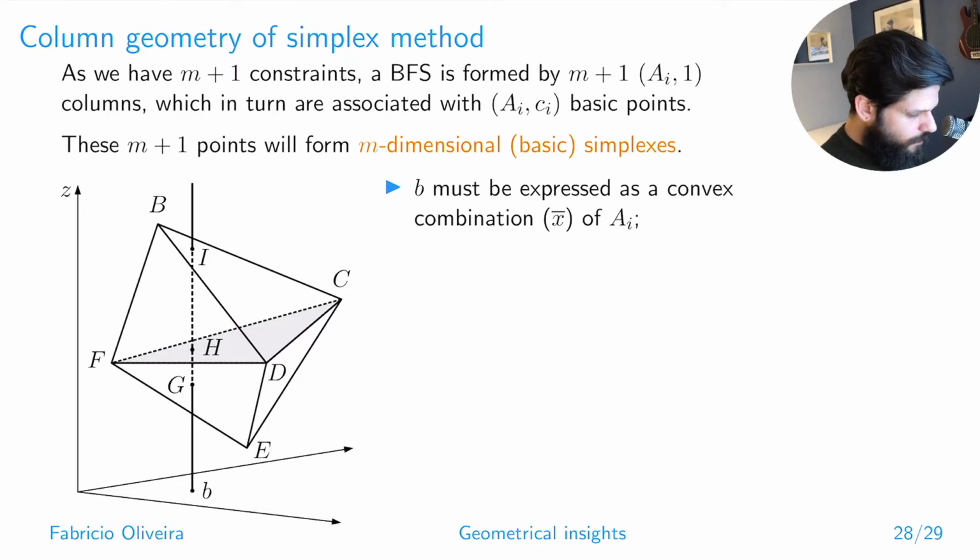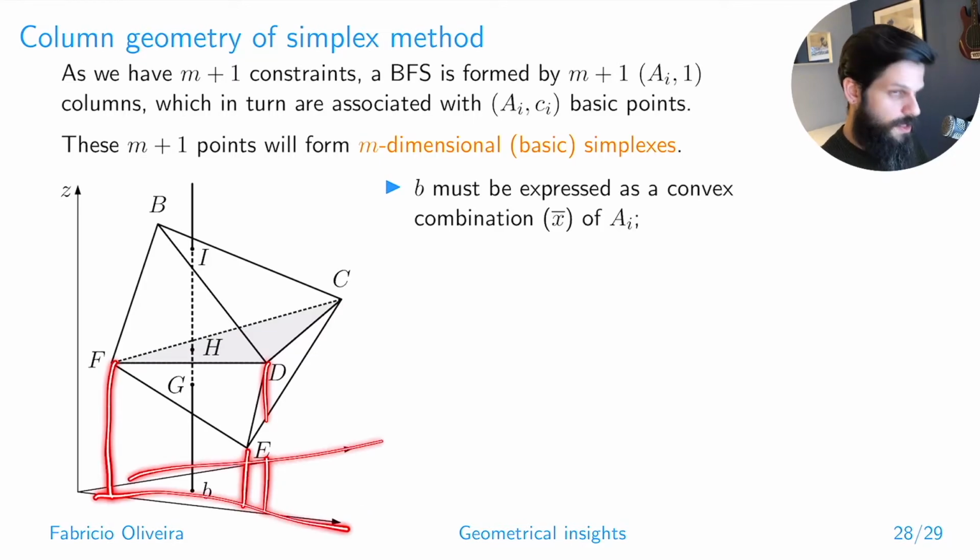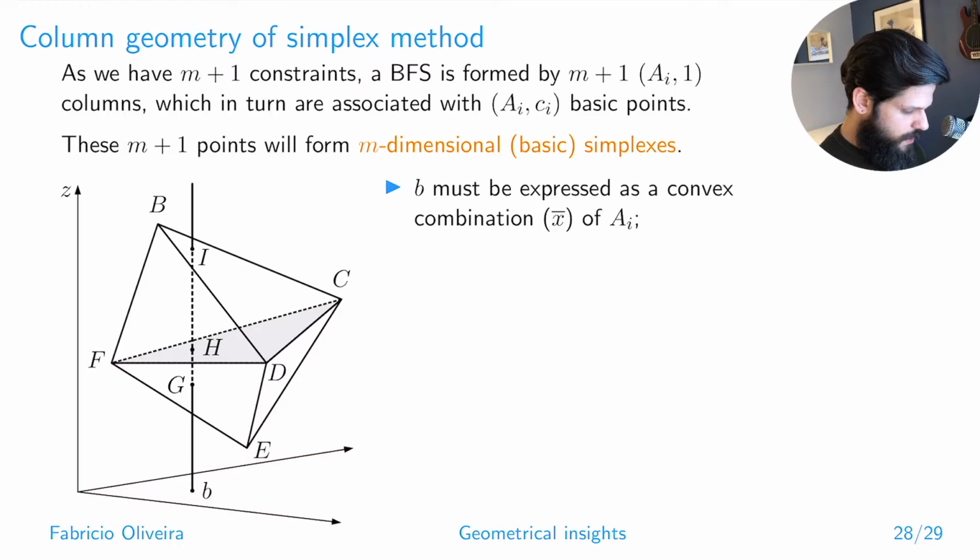So all of these now will have these points on that same plane that was in the picture before. But now what I'm actually doing is looking at the plane that is formed when I look at that simplex and intersecting B.